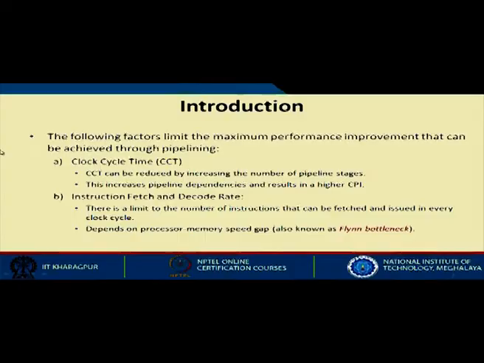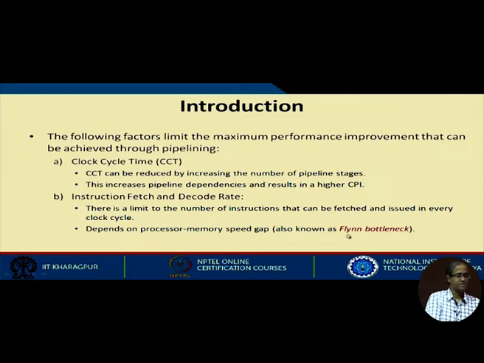Organization of the memory also produces a constraint on the maximum memory CPU bandwidth. This processor memory speed gap is sometimes also referred to as the Flynn bottleneck. So, in general, there is a limit to the number of instructions that can be fetched in every clock cycle.